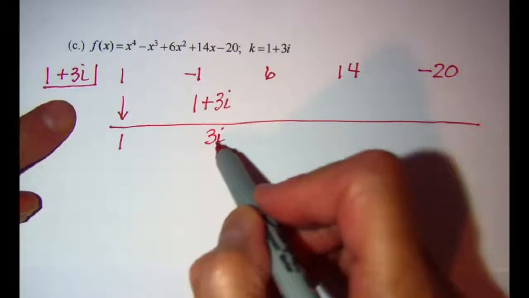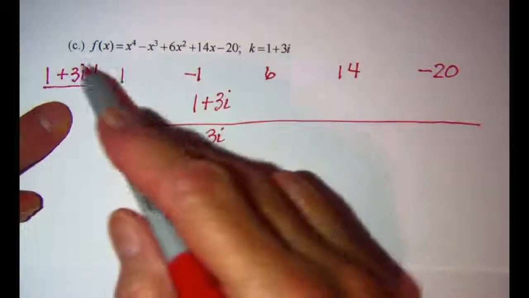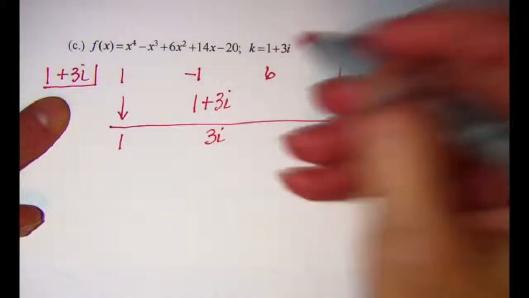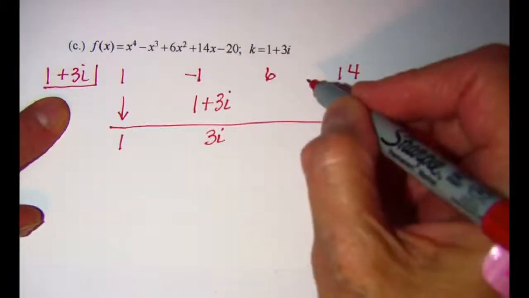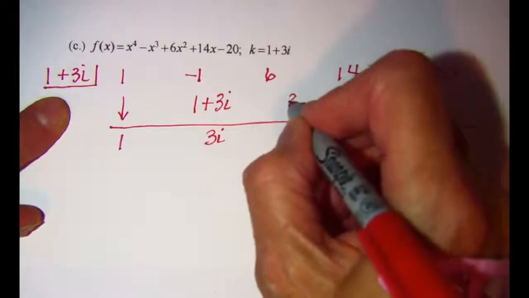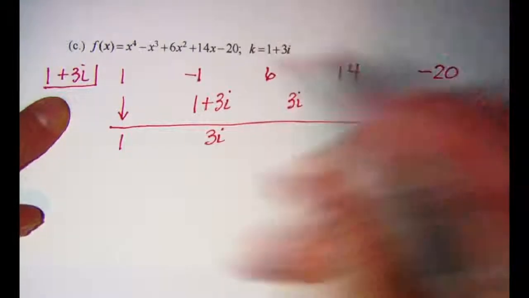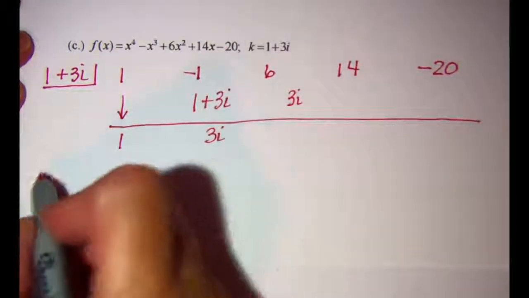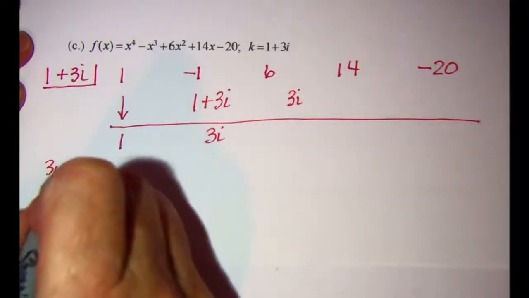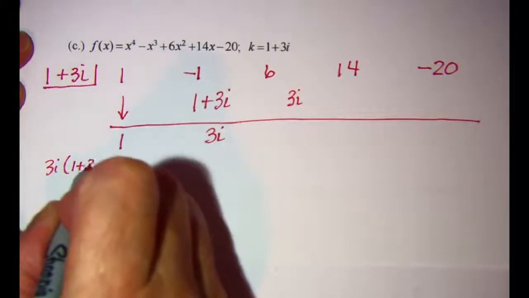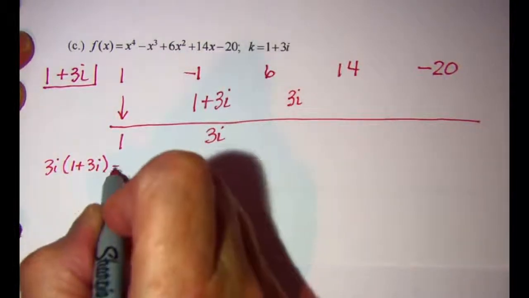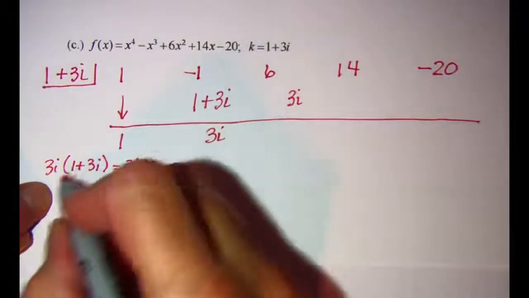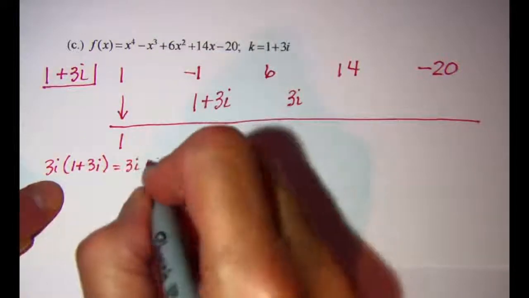All right, now again, next step, I'm going to multiply 3i by this binomial out in front. 3i times 1 is 3i. I'm going to write that there. And then 3i times 3i, let me write this over here. 3i times 1 plus 3i gives me 3i, which I already wrote down, and then 9i squared.